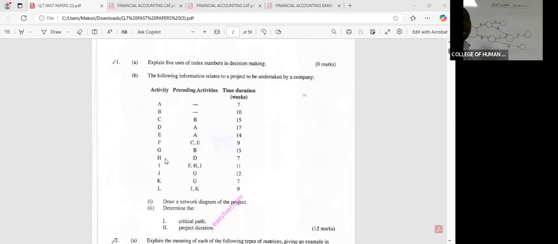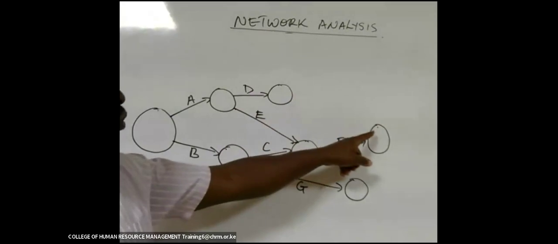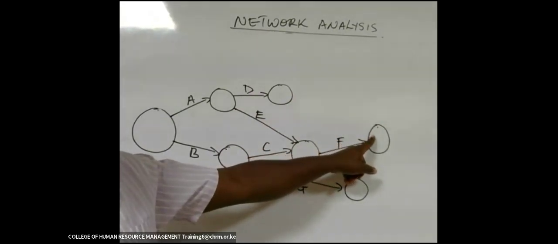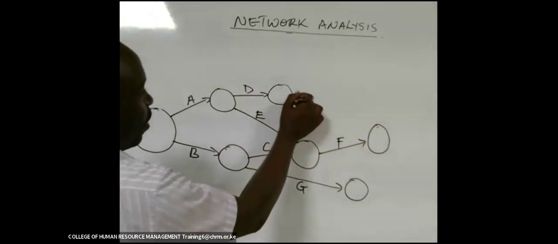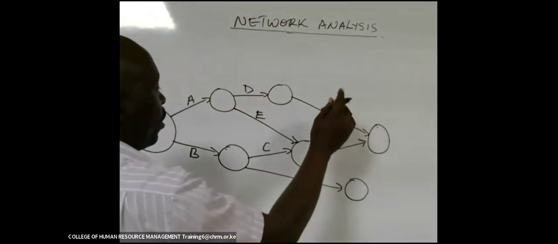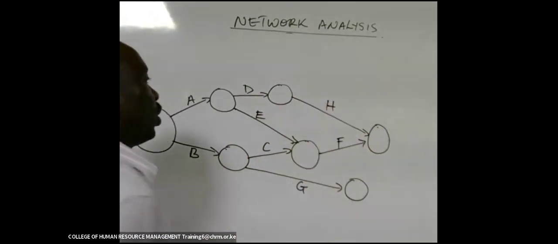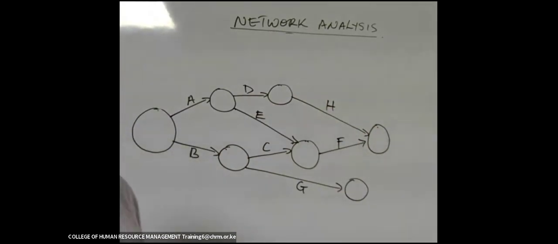So activity H will run from the end of D, but it is going to go and converge where we have the end of F. The end of D is here. Then it will converge with where F is ending. So you draw it like this. That is activity H. Good enough.